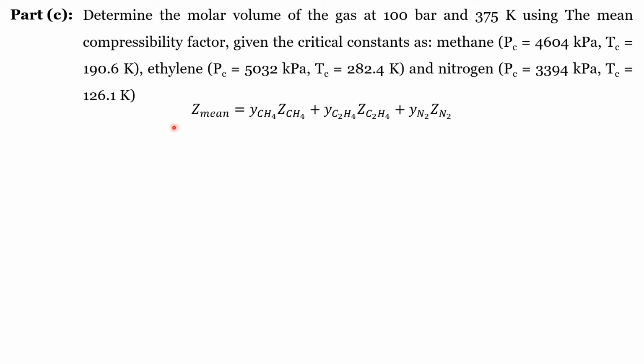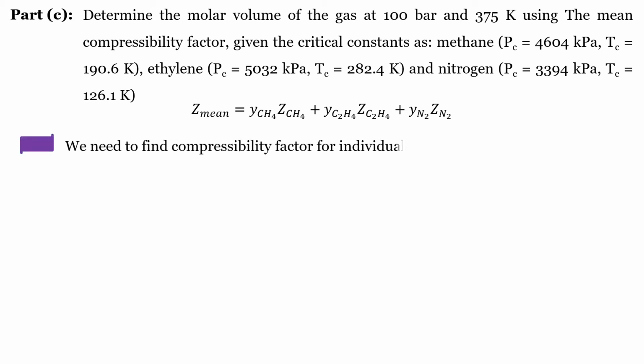So in order to estimate the mean compressibility factor, first we have to determine the compressibility factor for CH4, for C2H4 and for nitrogen. So we will see how we can estimate the compressibility factor for individual component. So here we need to find the compressibility factor for individual gases.